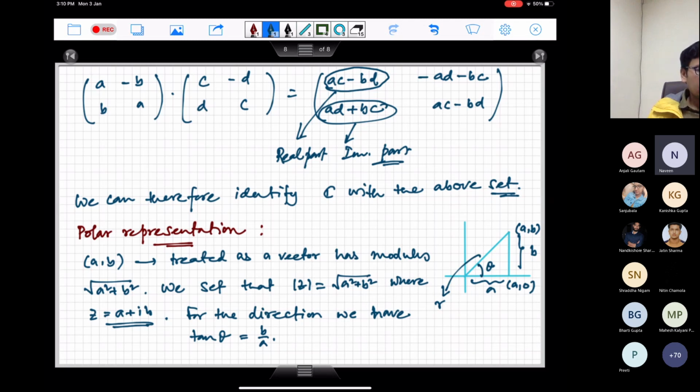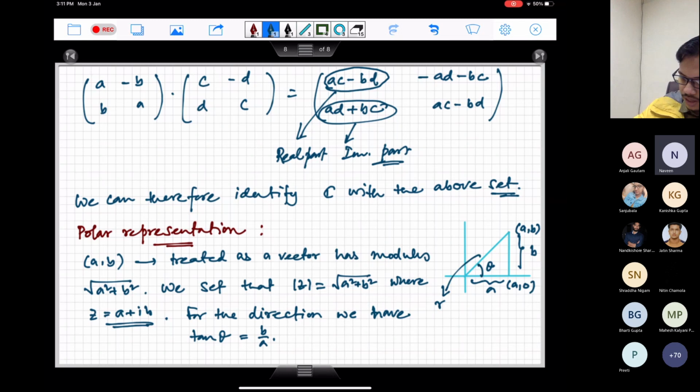Similarly, if I take theta 1 minus 2 pi or minus 4 pi or plus 4 pi, whatever it is, I'm still going to get the same b by a. So if I want to think of this direction, we will have several choices. What we are going to do is restrict ourselves to one particular segment of thetas, or one particular set of values of thetas, and those are the things we are going to consider as the angle.